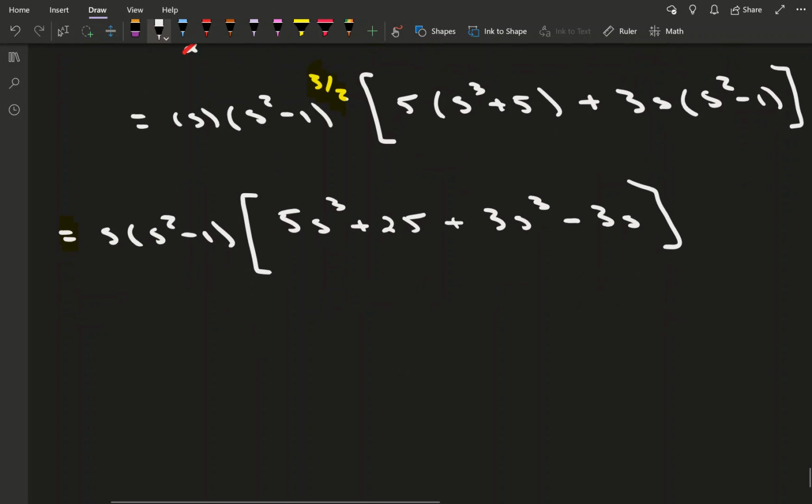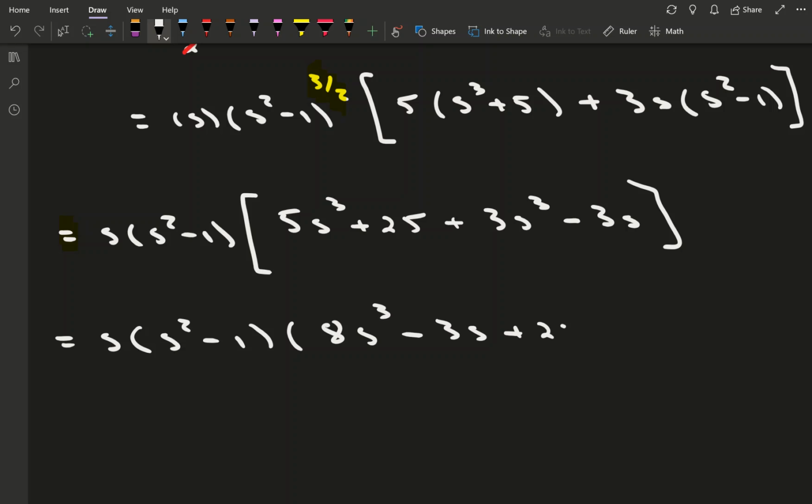Okay, and let's see if we can clean that up. s squared minus 1, and what would that be? An 8s cubed minus 3s plus 25.